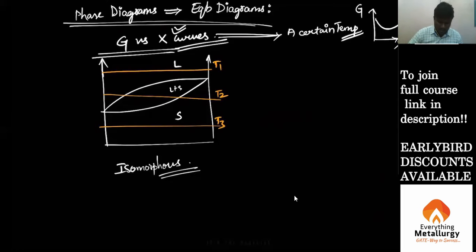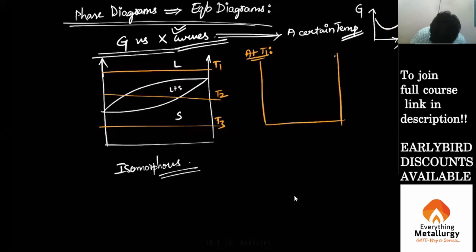We have liquid completely, solid completely, and two different phases. So at T1, how will the curve be? You should already know that anything having lower Gibbs free energy is spontaneous or stable at that particular temperature.